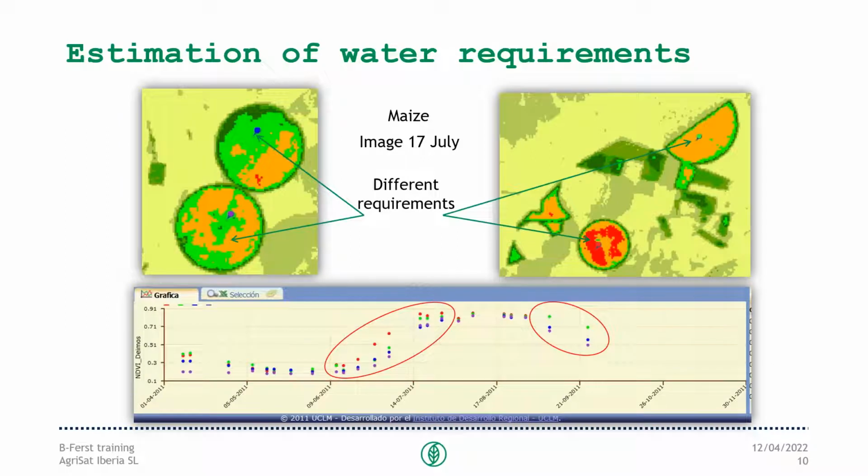The advantage of using the crop coefficient NDVI relationship is that it allows you to customize the estimates. In this example, we see that the same crop and variety can have different NDVI and therefore crop coefficient in different areas, whether they are from the same plot or between plots.